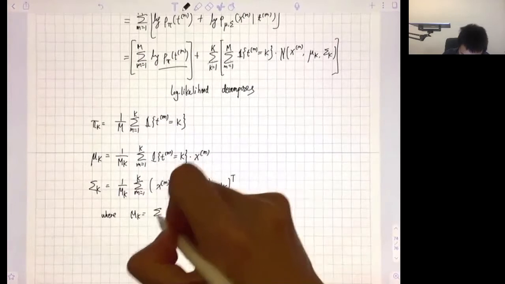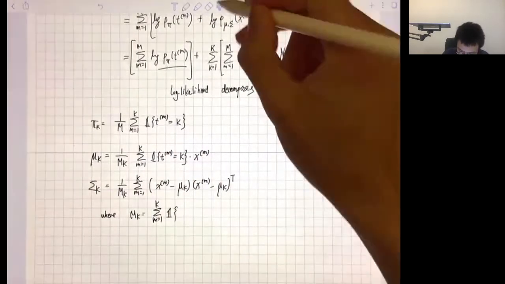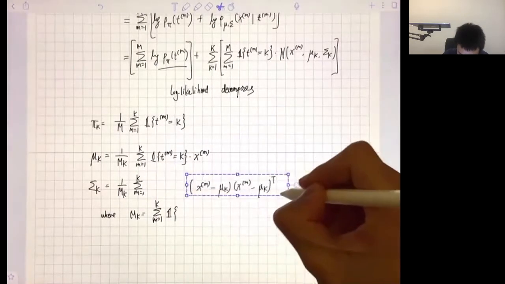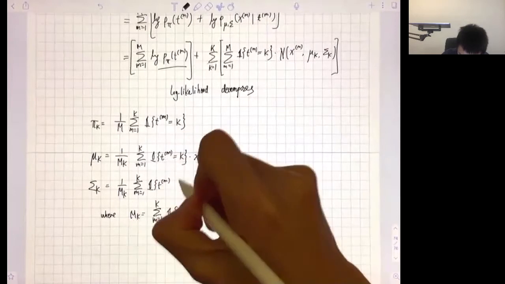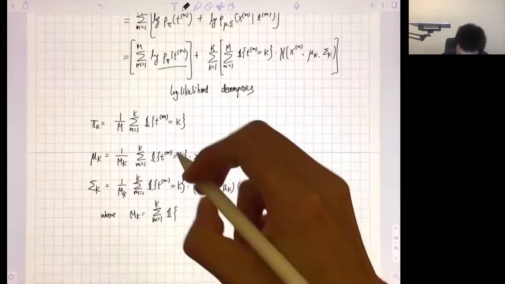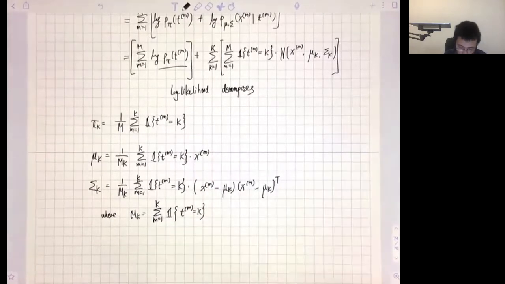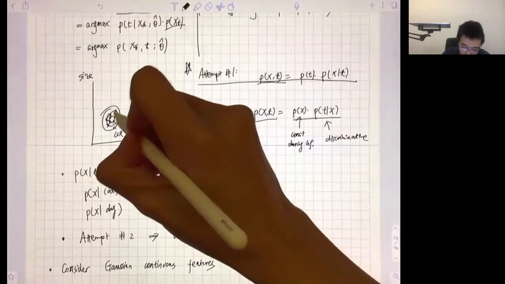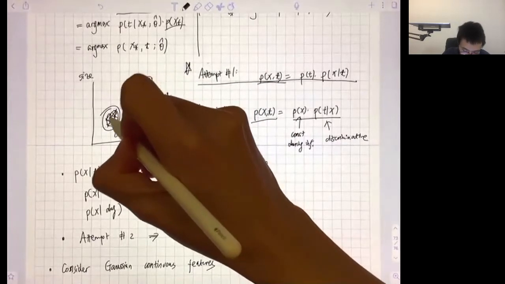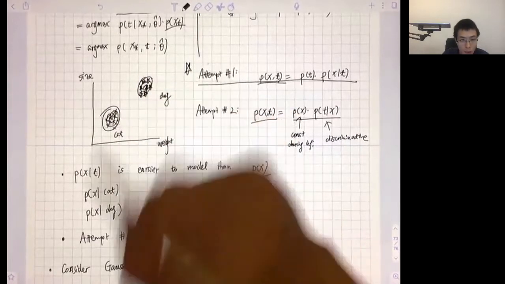Where mk is the number of samples for that category. Oh, I lost the indicator function. Okay, so basically it says the class prior, the class probability, is just counting the fraction of different categories.